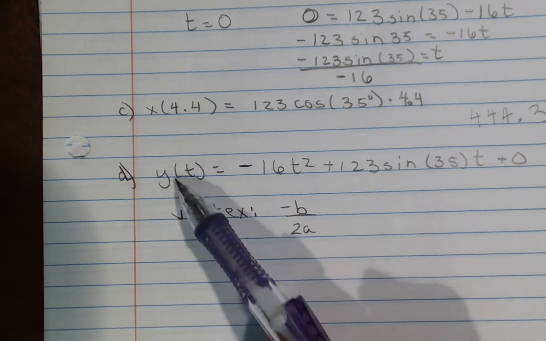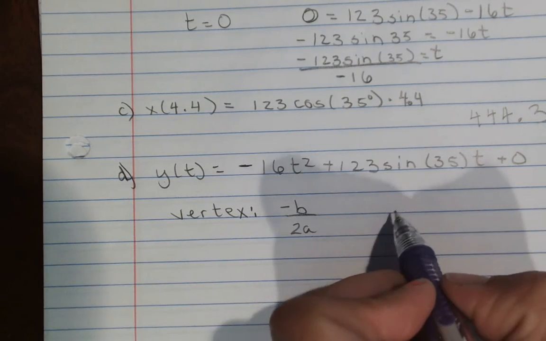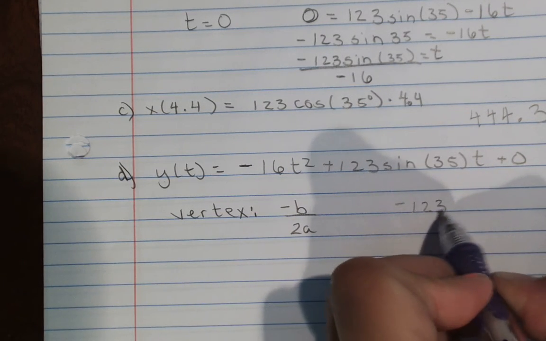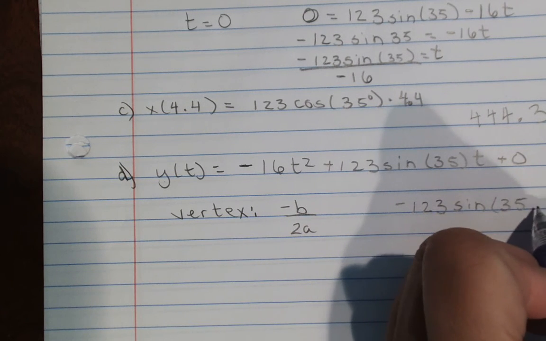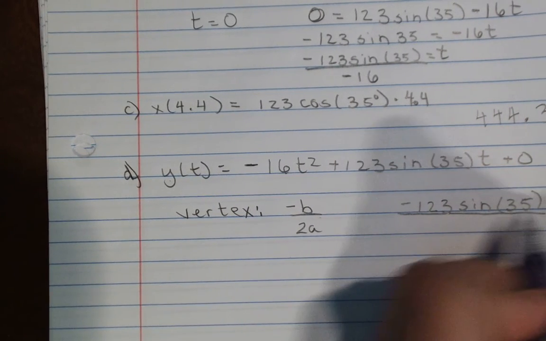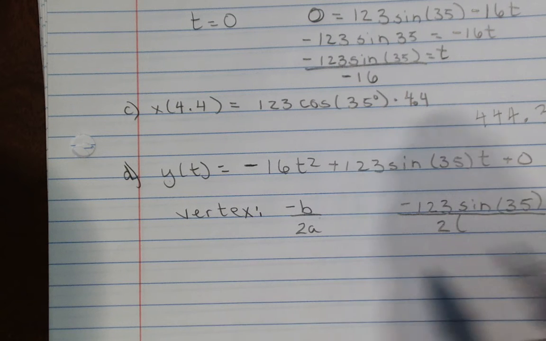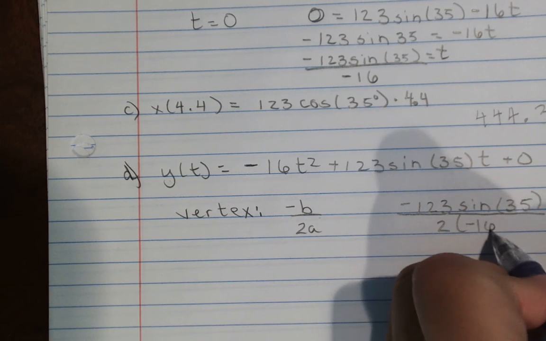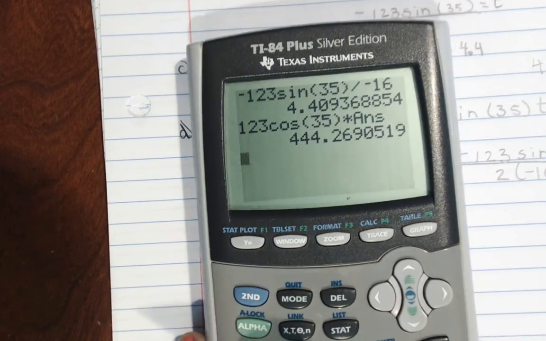So plug it back in and solve for my y of t. So here I will take negative 123 sine of 35, negative b, all over 2 times negative 16. Plug that into my calculator.